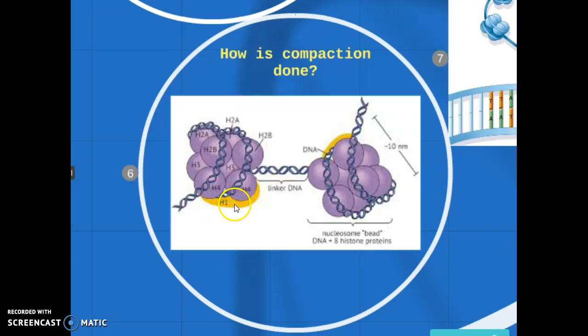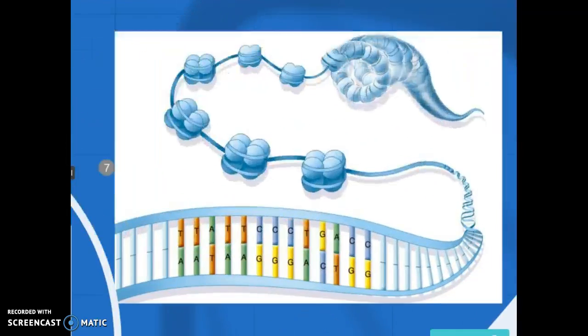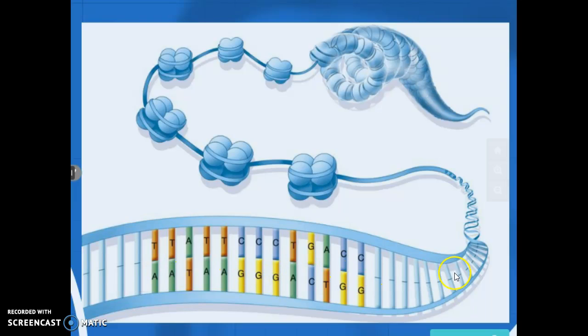When this histone 1 protein is present, it allows for the bead itself to be turned and tinkered. You can see how DNA was bound around each octamer, creating these nucleosome beads, and then they are tinkered and turned using that H1 protein.